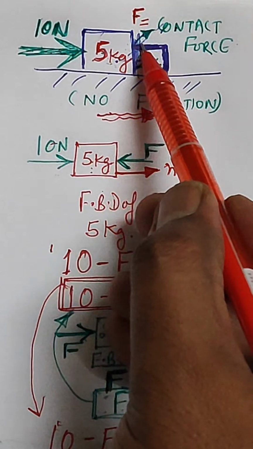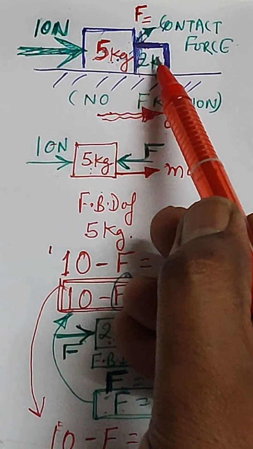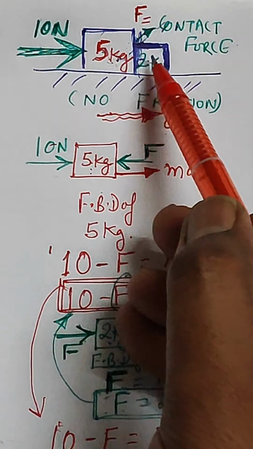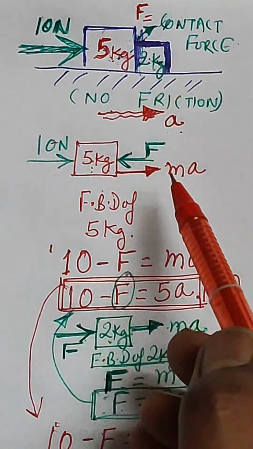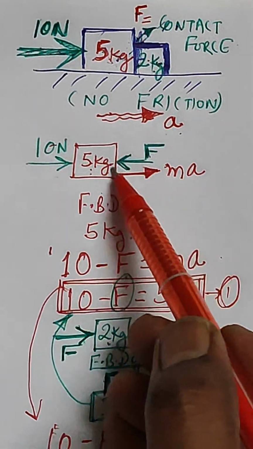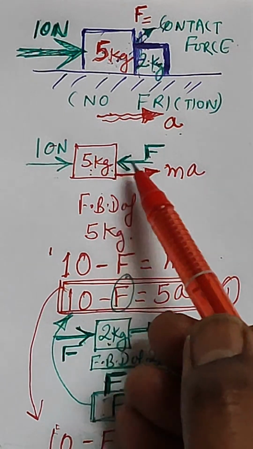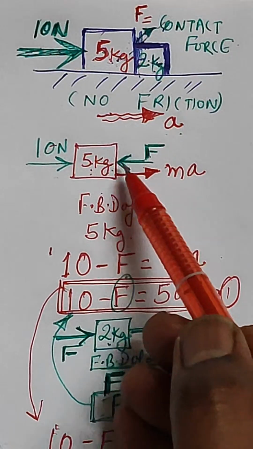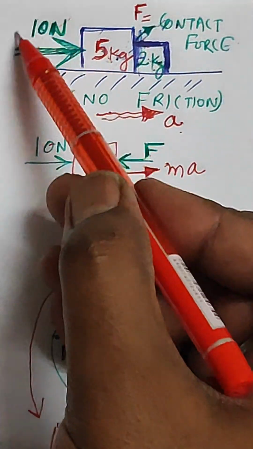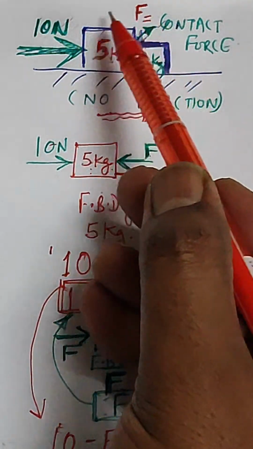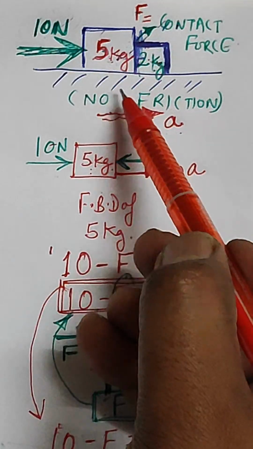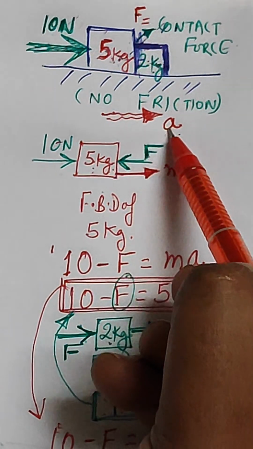Now the contact force will be acting by each mass in the opposite direction on the other mass. So due to this 2 kg, this contact force F is acting to the left side on the block. You can see the direction. Since this entire movement is happening due to this 10 Newton force, let's say this arrangement of blocks is moving ahead with an acceleration of a.